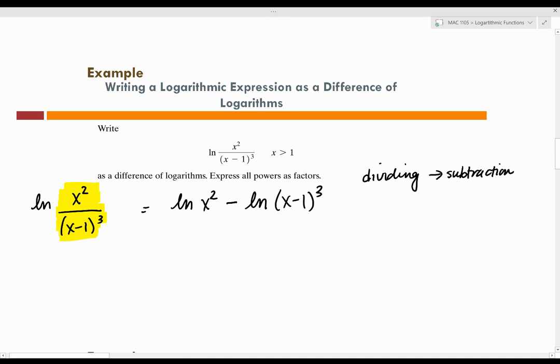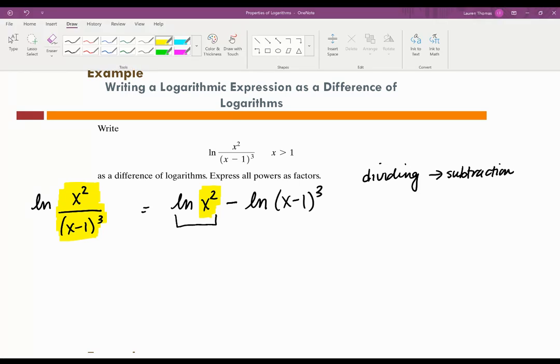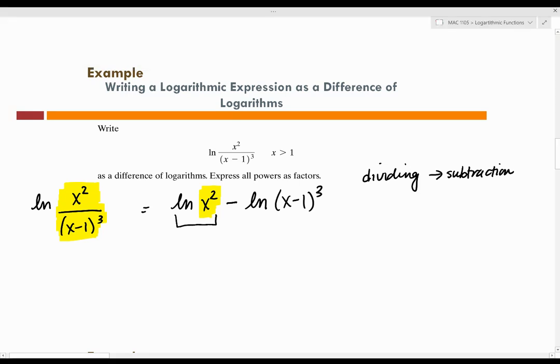Okay, and then I like to fix each expression one by one so I don't forget everything. So I'm going to look at this first expression. In the argument of that log, do I see any multiplication? Do I see any division? Or do I see any powers? Well, I don't see any multiplication and I don't see any division, but I do see an exponent, that 2.